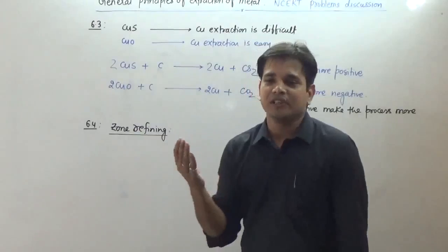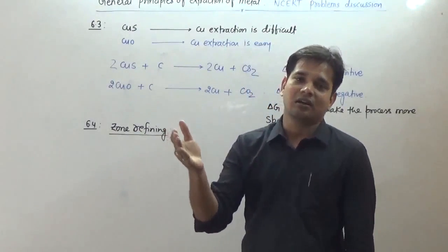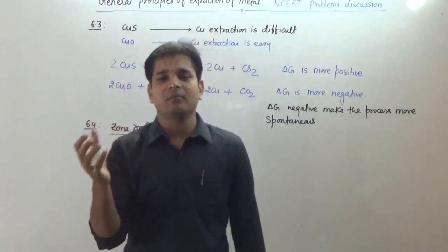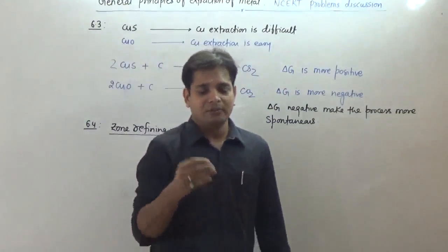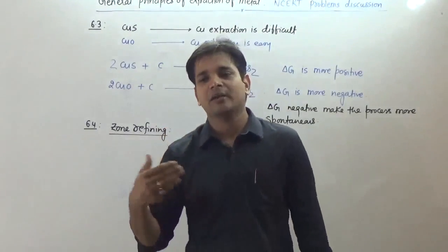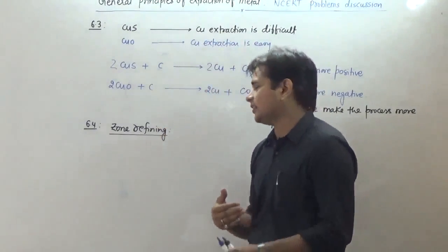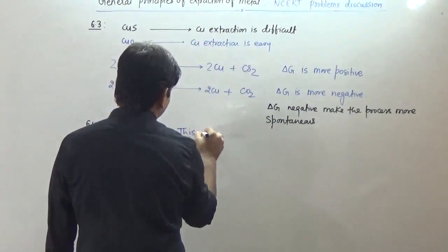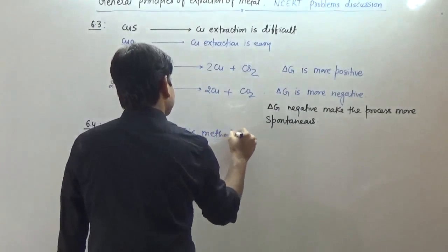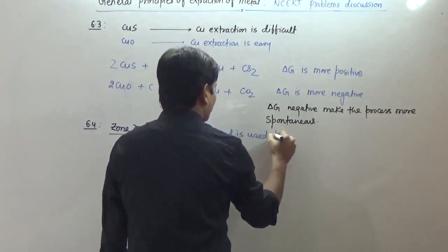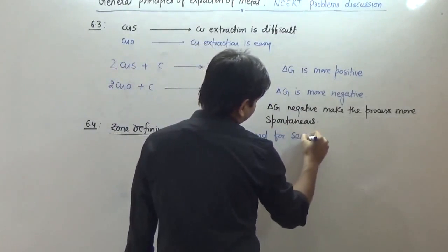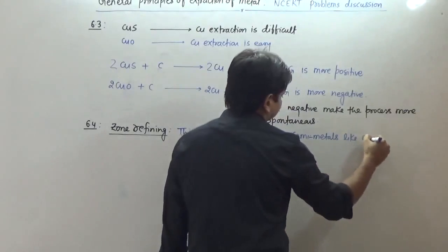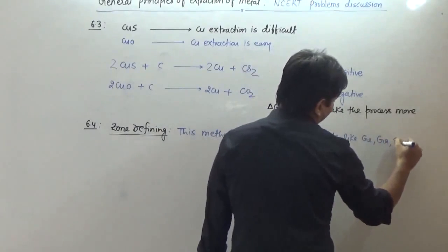In this way, after completing this process with molten metal, some impurities will be extracted out. If this process is repeated more and more times, you will get ultra pure metal by this method. So this method is used for semi-metals like germanium, gallium, silicon, etc.